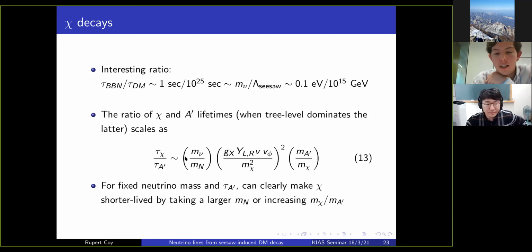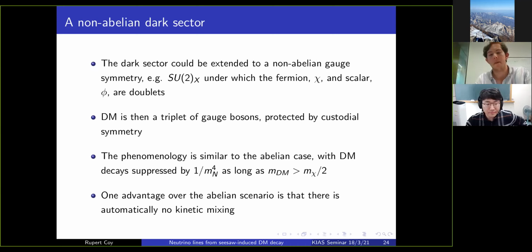If you fix the neutrino mass, say, and you fix the A prime lifetime to make it just out of reach of experiments, then making the sterile neutrino mass larger, or increasing the chi mass relative to the A prime mass, are things you can do to make this lifetime short. So it's this interesting thing of having at the same time one very long-lived particle and one sufficiently short-lived particle. But in the end, it's quite possible to do that.